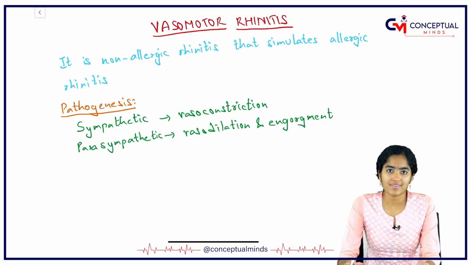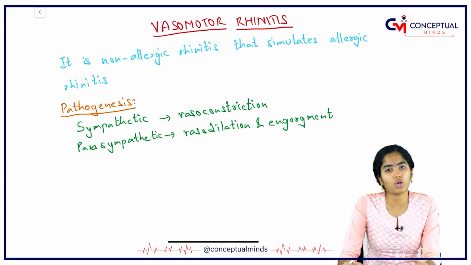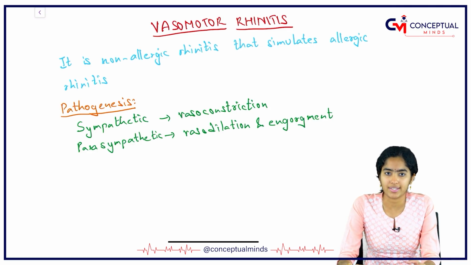So, autonomic nervous system is under the control of hypothalamus. So, emotions play a great role in vasomotor rhinitis. And an unstable autonomic nervous system is the root cause for all the problems that the patient is experiencing.